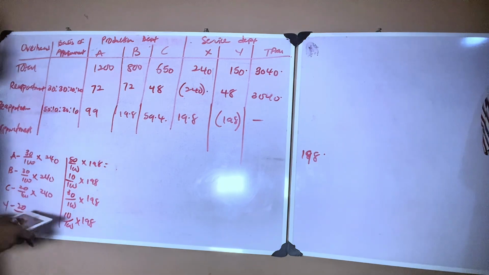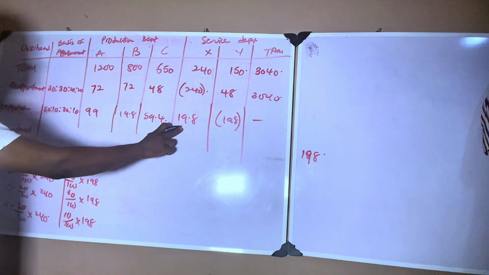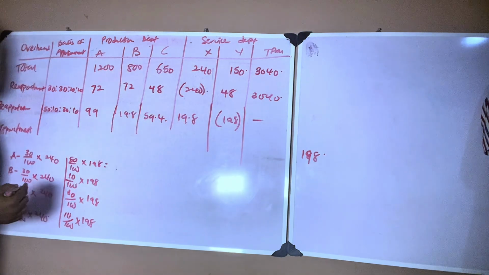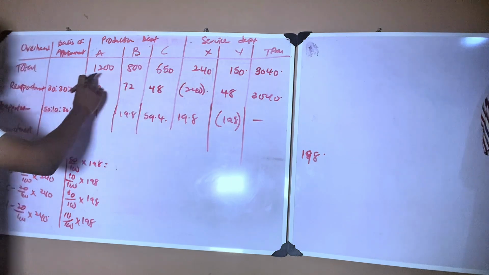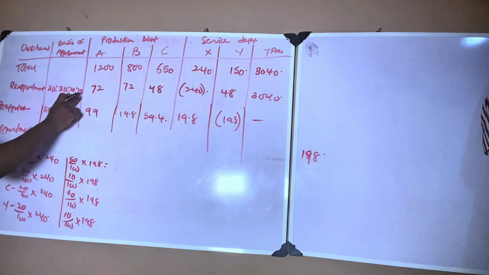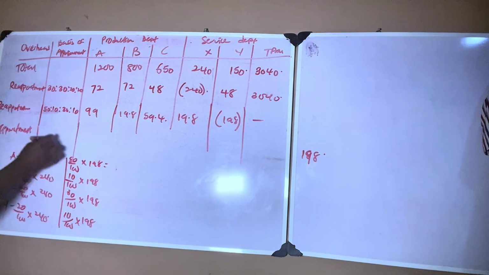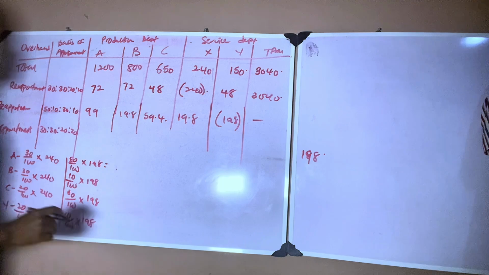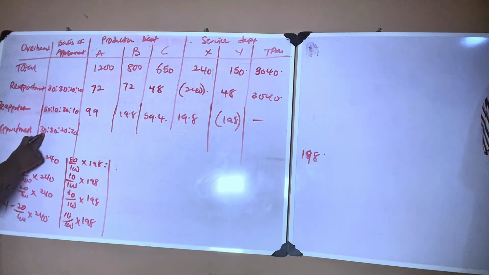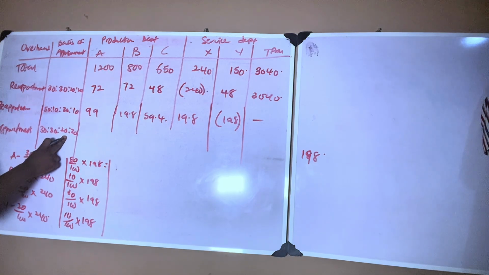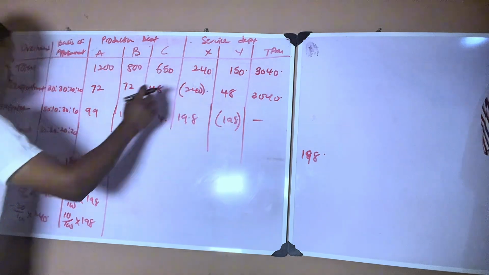We want to reapportion department X, which is 19.8. We use the basis of reapportionment for department X, which is 30 to 30 to 20 to 20. Department A will take 30, department B 30, department C 20, and department Y 20.